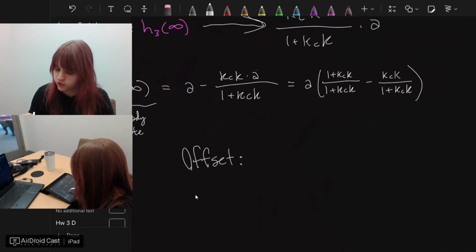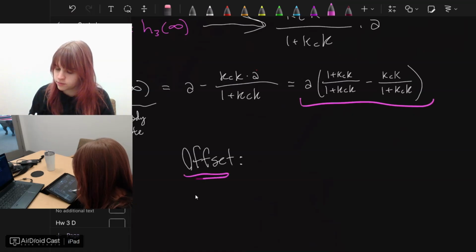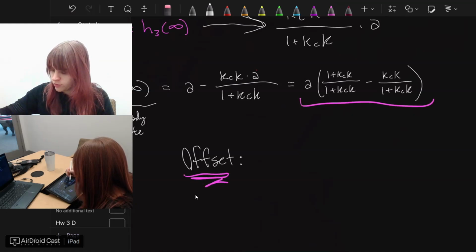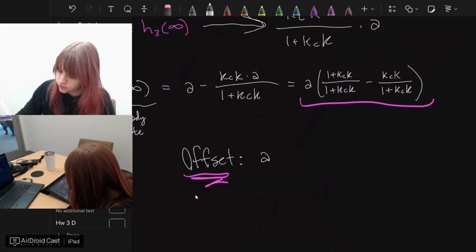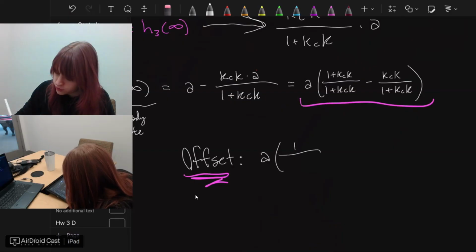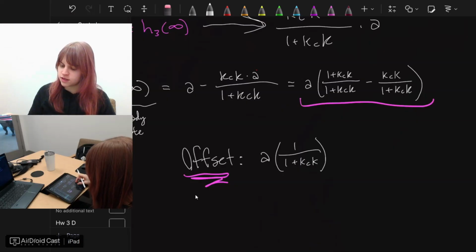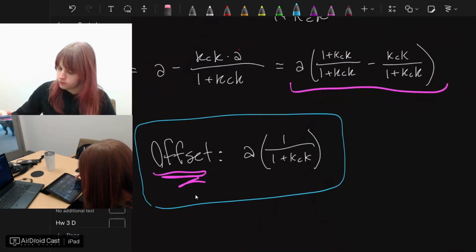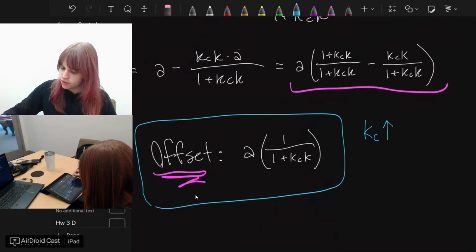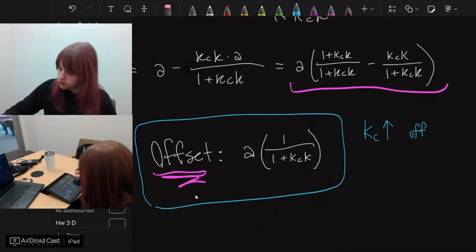So our offset for this proportional controller is equal to this right here. To simplify this, we have a 1 plus KCK, we're subtracting a KCK, so we would have a times 1 over 1 plus KCK. And as you can see, as we increase KC, that would result in the offset decreasing.